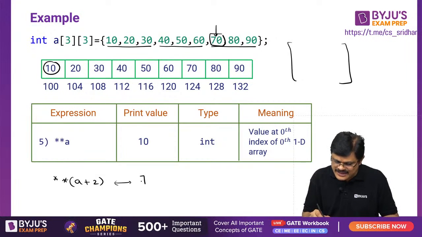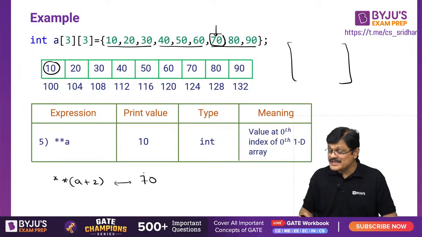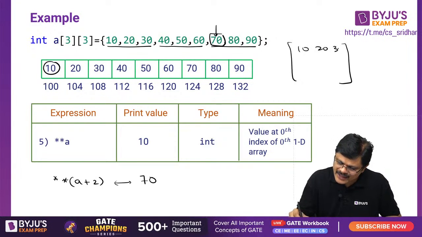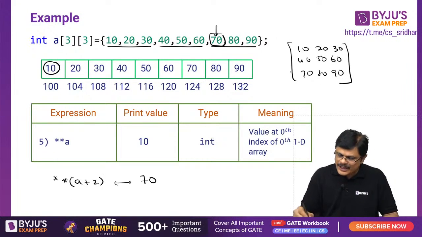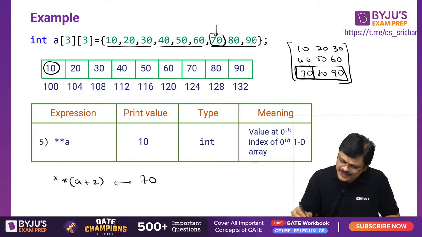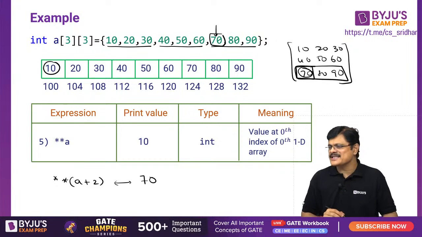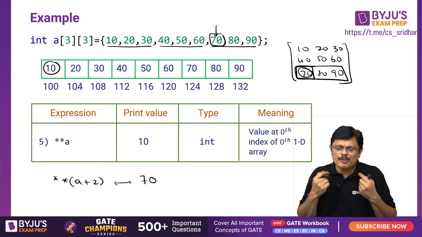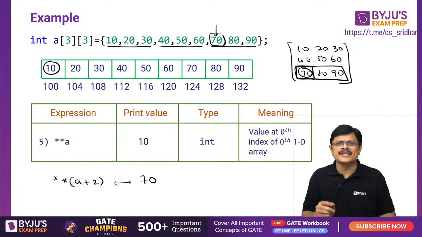It is 10, 20, 30, 40, 50, 60, 70, 80, 90. A plus 2 means the second 1D array, star of that means this location, star of that means this value, which is 70. You can always draw this matrix diagram, then it would be much easier. Sometimes it may trouble some people, but it does not matter.